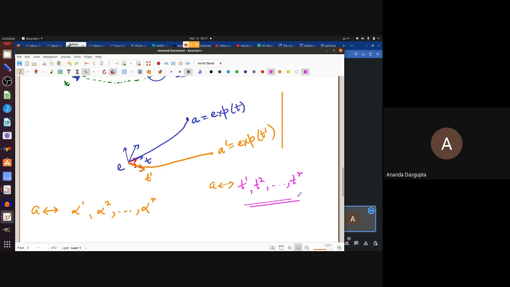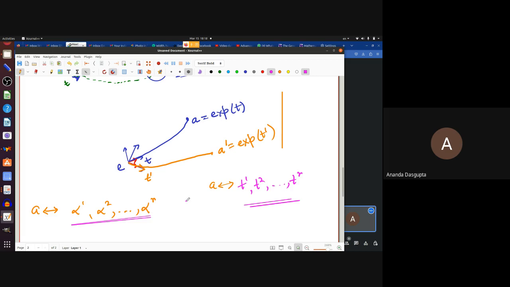Coordinates are things which, given those numbers, I can identify the element, and given the element, I can identify the numbers. So all I'm saying is, instead of using the original bunch of coordinates alpha 1, alpha 2, alpha r, just as well use these components of the tangent vector to the OPS, which will reach the point A at sigma equal to 1, and call that T1, T2, Tr coordinates for the point A.